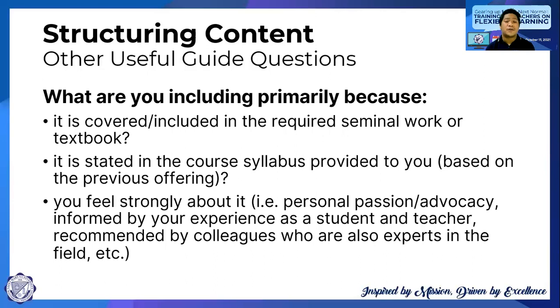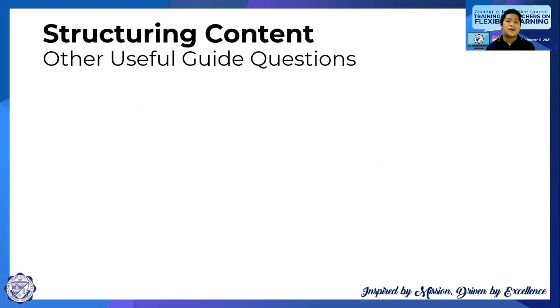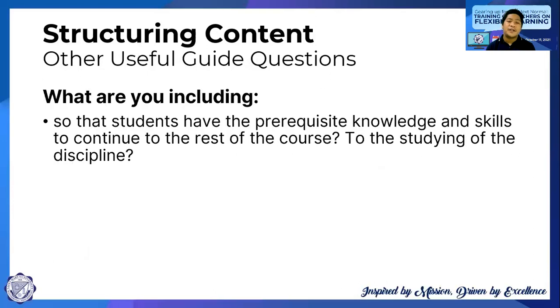We also have what are you including so that students have the prerequisite knowledge and skills to continue to the rest of the course, to the studying of the discipline. You have to identify contents in which you believe the students have the prerequisite knowledge and skills for them to successfully learn that particular content.